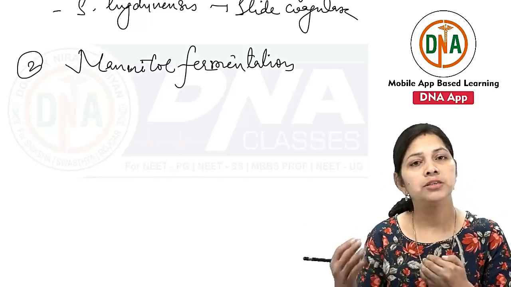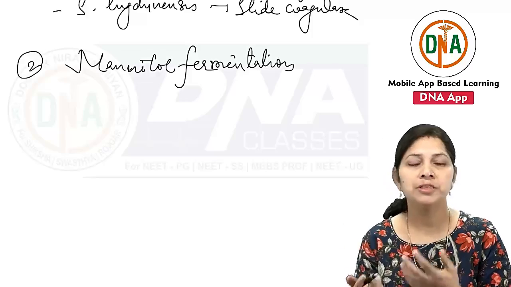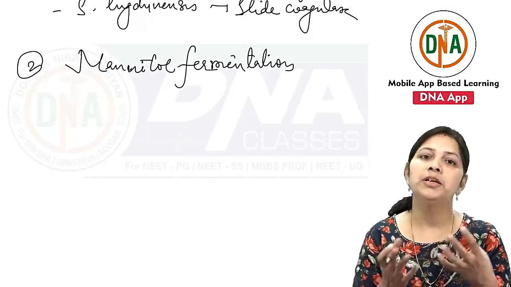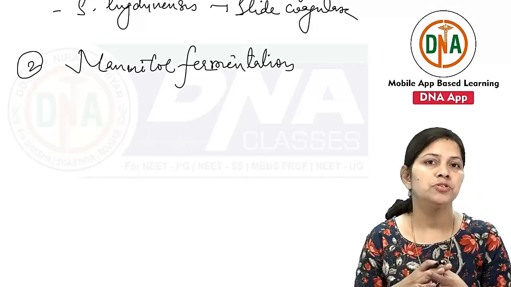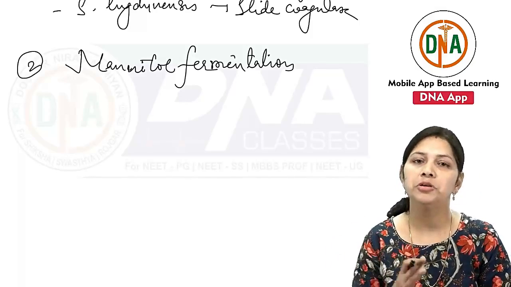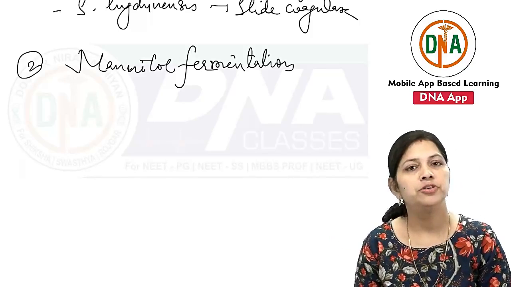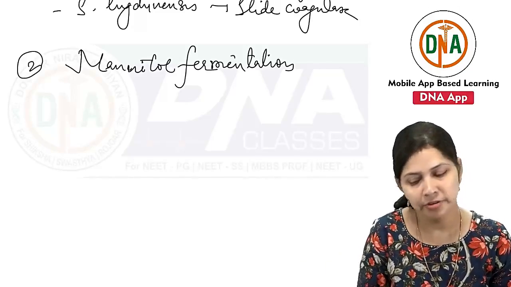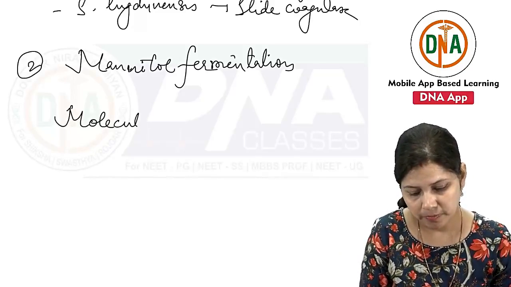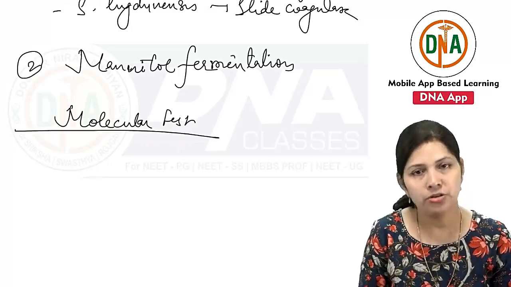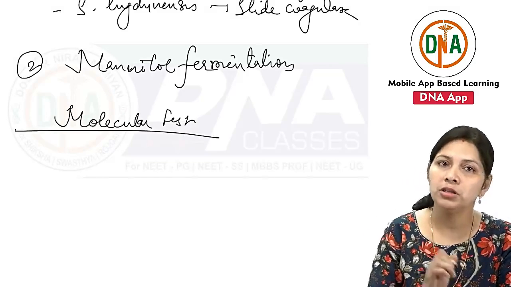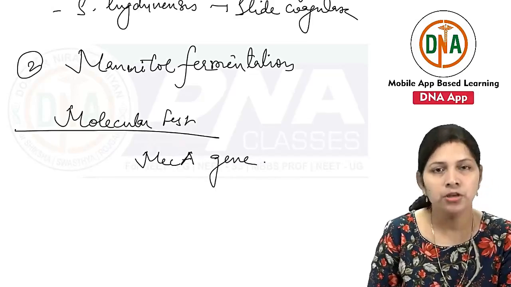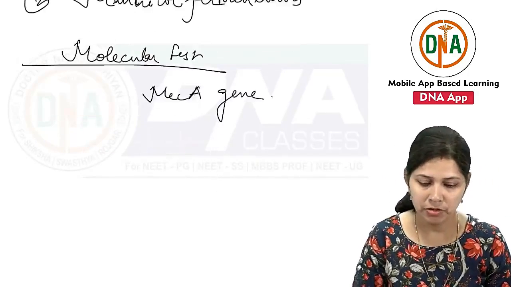So we can go for further detection of the presence of the product, that is the penicillin binding protein product, or we can detect the molecular gene which is responsible, that is the mecA gene, by various molecular tests. Okay, so all these are used for identification of Staphylococcus aureus.